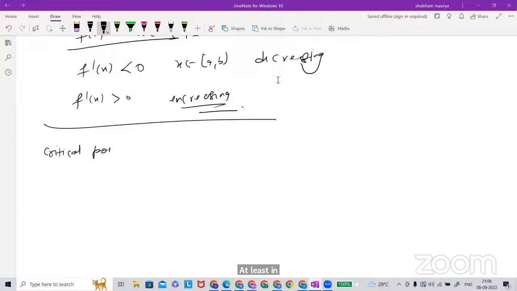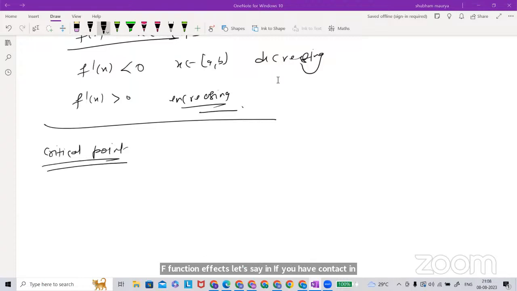If you have a function f(x) in the interval a to b, then a point alpha, where alpha belongs to the interval a to b, we will say alpha is a critical point if f'(alpha), meaning the derivative of the function at alpha, is going to be 0.